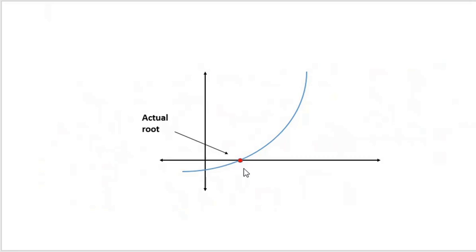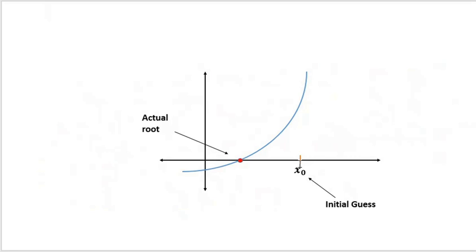So what is our first step? As you can see in the next slide, the first step is that you choose any initial guess, any point on the x-axis. Say this is your x naught. This is your initial guess.